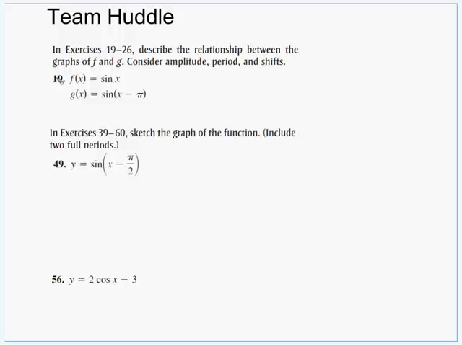Okay, for number 19, first let's consider the amplitude of both functions. The amplitude is the coefficient in front of the trig function. Here it's 1 sine of x, and we also have 1 sine of x minus pi. So the amplitude is the same for f of x and g of x, and it's equal to 1. The period.